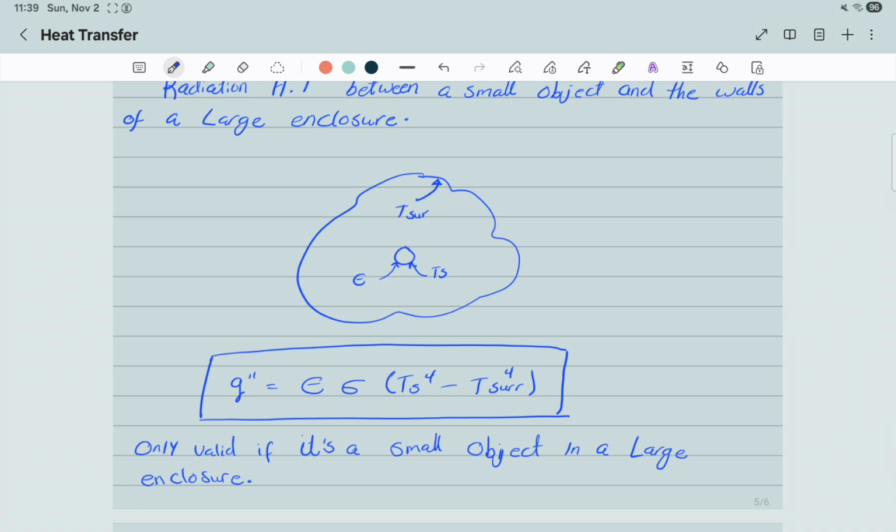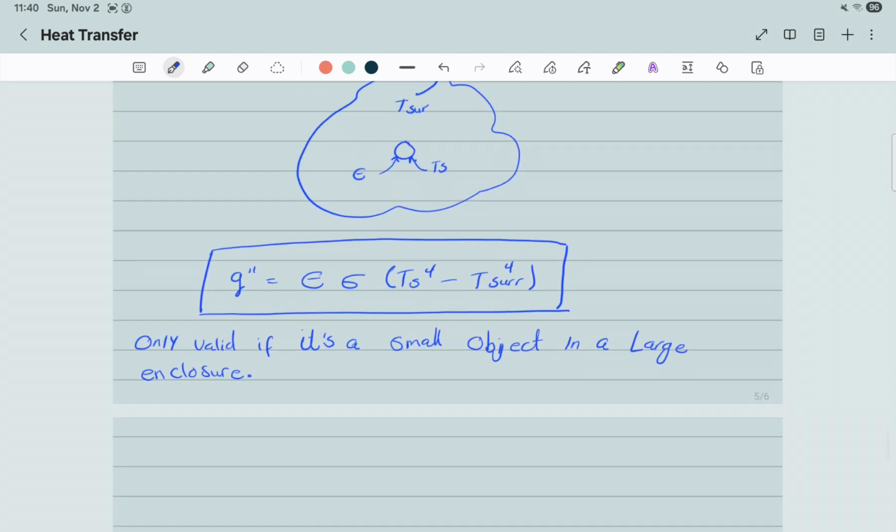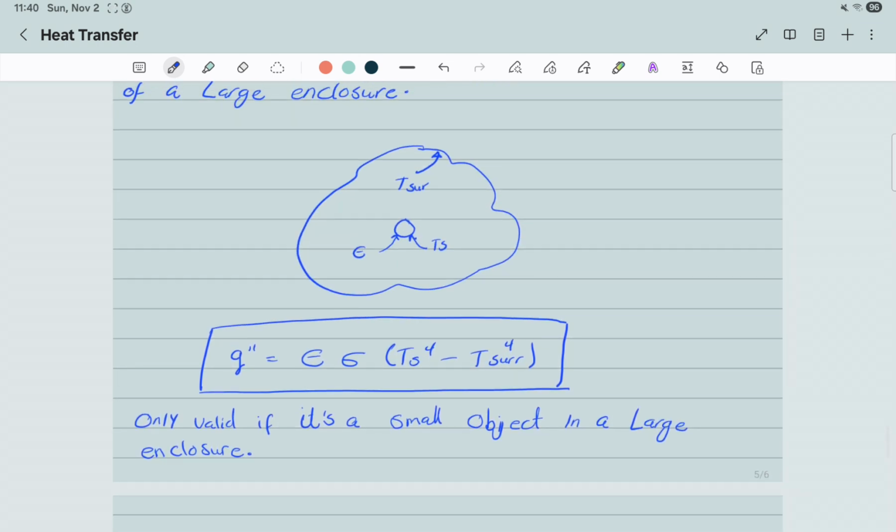Ts is the temperature of the object inside the closed system, and the surrounding is basically the temperature at the walls of the system, because the radiation will hit the walls and then come back, so it will affect the temperature of the small object itself. That is it for the first class in heat transfer. Stay tuned for the next one.